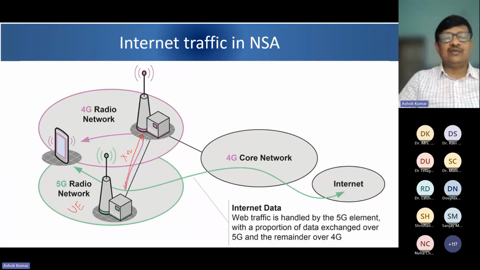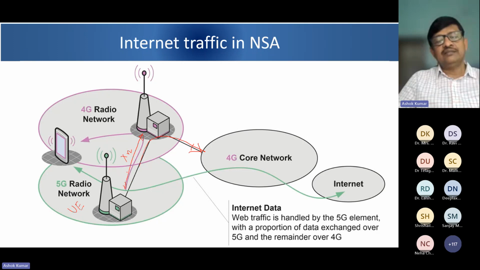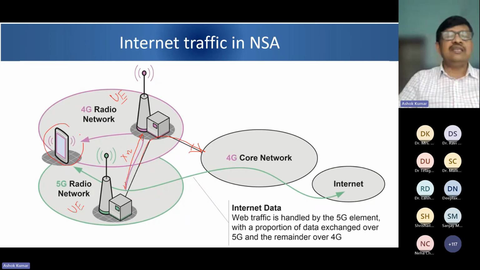So backend data goes like this. But for the UE, this 5G radio is being served. If your UE is in a pure 4G area, then 4G will handle it. If your UE is in an area where you have both 4G signal and 5G signal, then web traffic can be handled by both 4G and 5G. So aggregated speed would be much better.